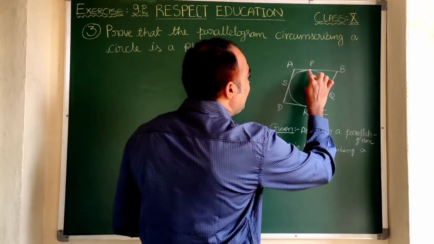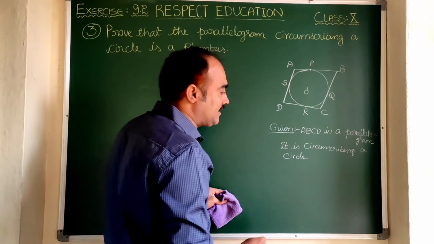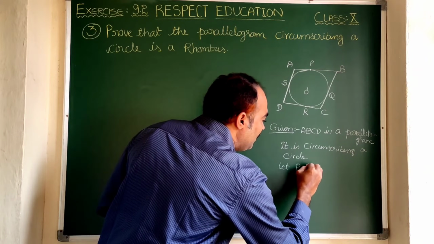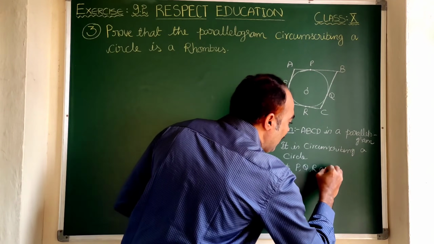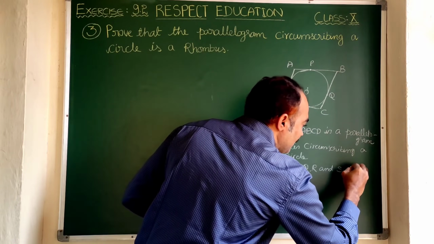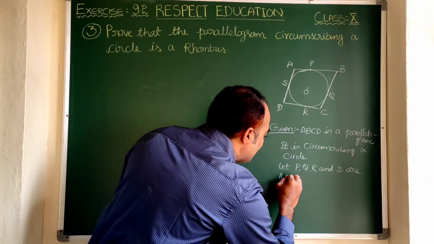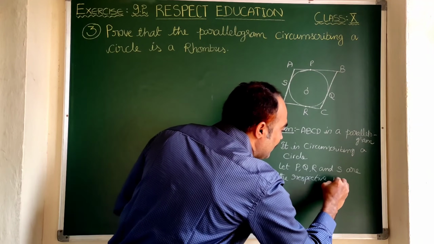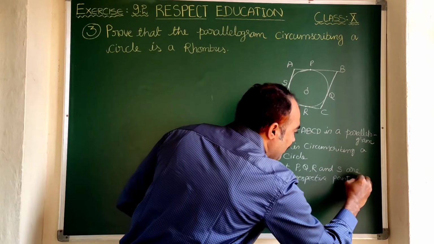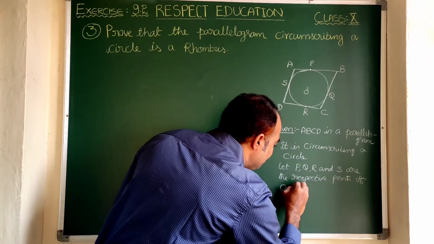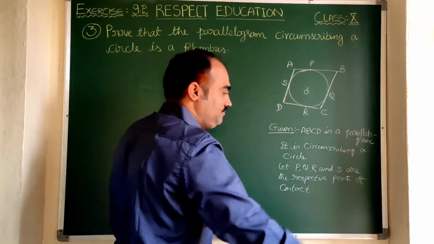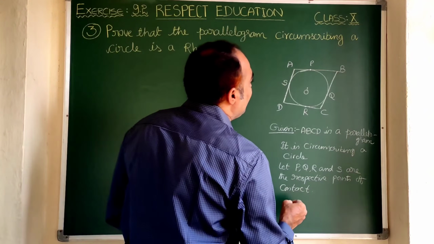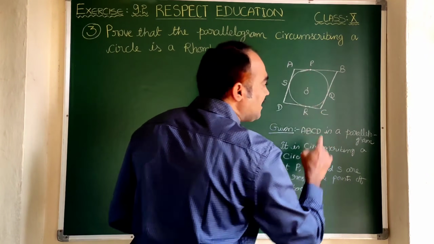That means here we get 4 points of contact. So here let us write, let P, Q, R and S be the respective points of contact. Right. So here what is to be proved? Here we need to prove that ABCD is a rhombus.